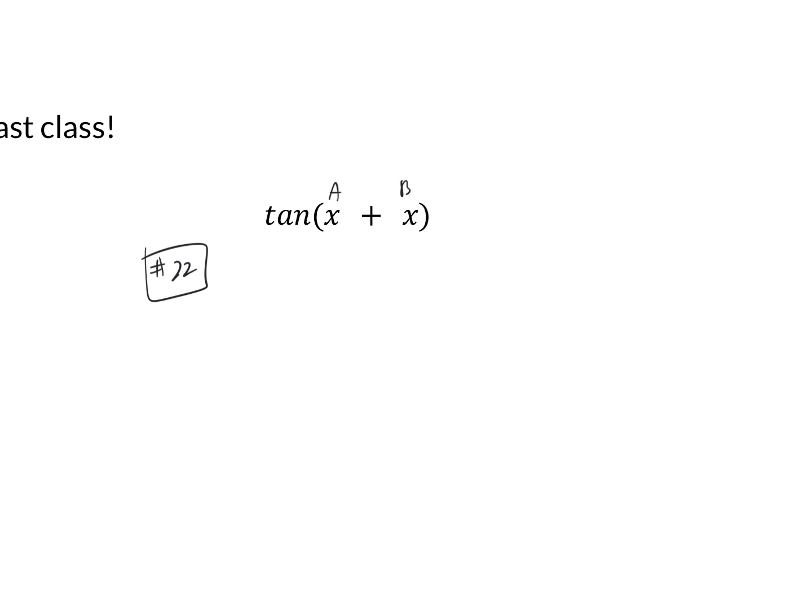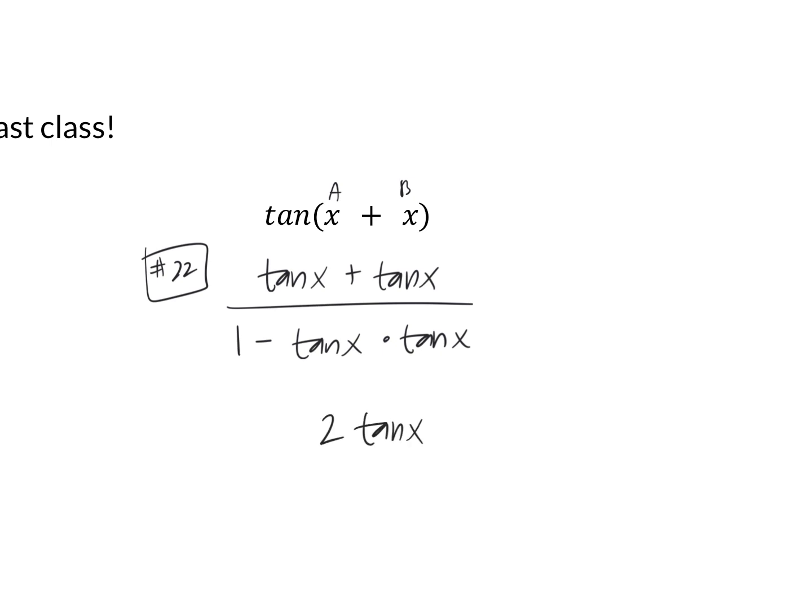And if I plug in those x's into my formula, I get tangent of x plus tangent of x divided by 1 minus tangent of x times tangent of x. Okay, now if I simplify that using some algebra, what's tangent of x plus tangent of x give me? 2 tangent of x. And then in the denominator, 1 minus tangent of x times tangent of x is going to be tangent squared of x.